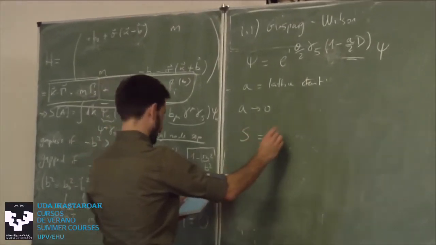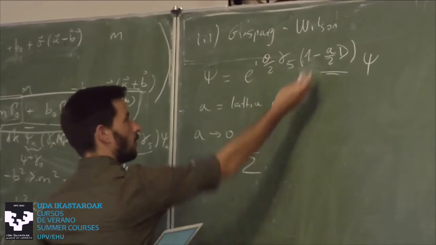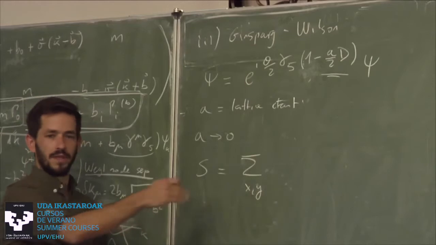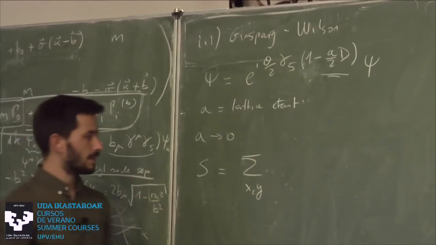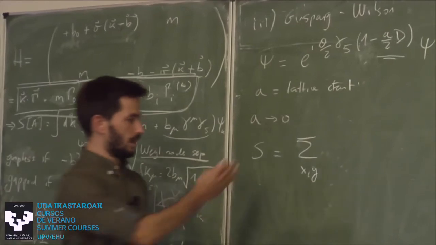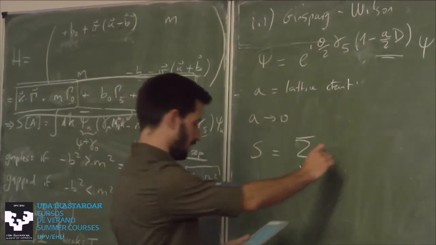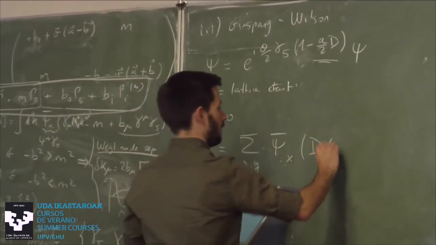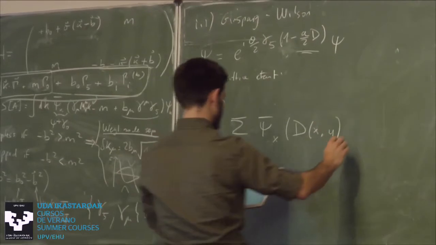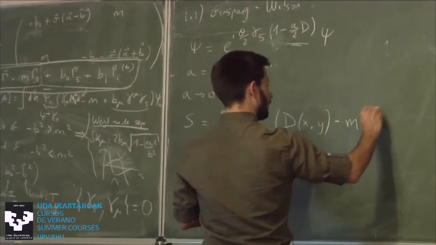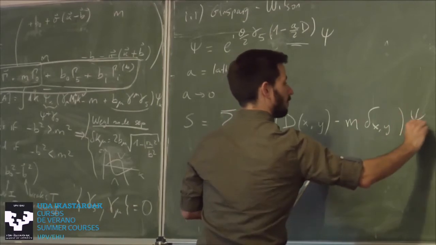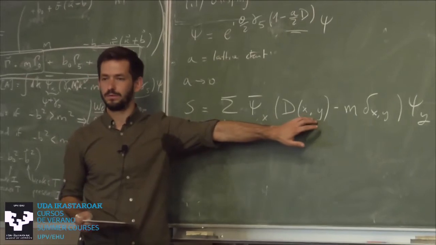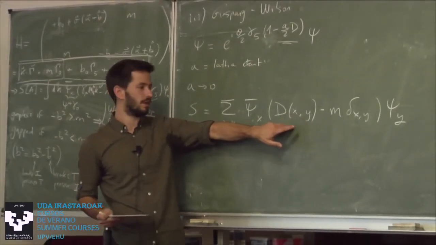But if you want to know the action in general, or what this D really does, let X and Y be 4 coordinates, so I include time and space, but there are two of them, so that's why it's non-local. D sits where usually the gamma mu partial mu sat before.